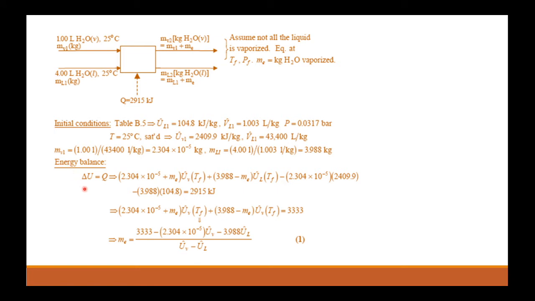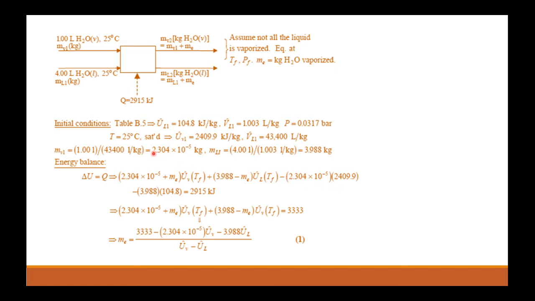So for your energy balance, we have the change in the internal energy equals Q, and that gives us MV1 plus the evaporated mass of H2O multiplied by the internal energy as a function of the final temperature, plus 3.988 minus the evaporated water multiplied by the internal energy of the liquid, which I found as a function of the final temperature, minus this.